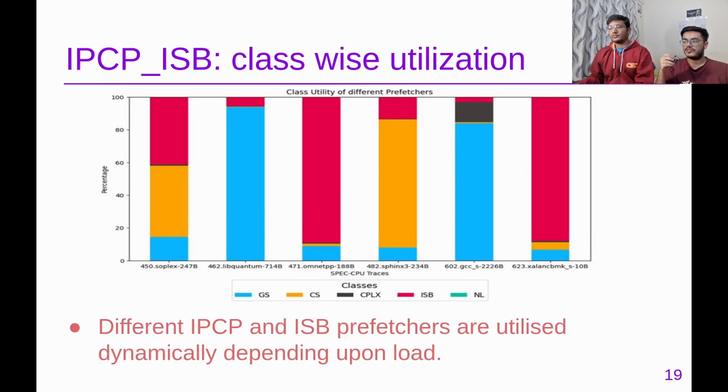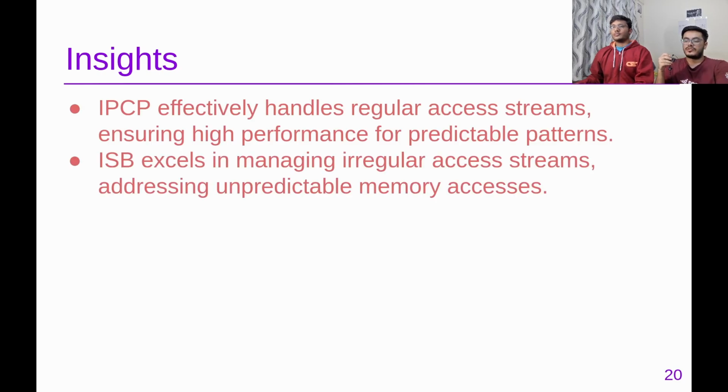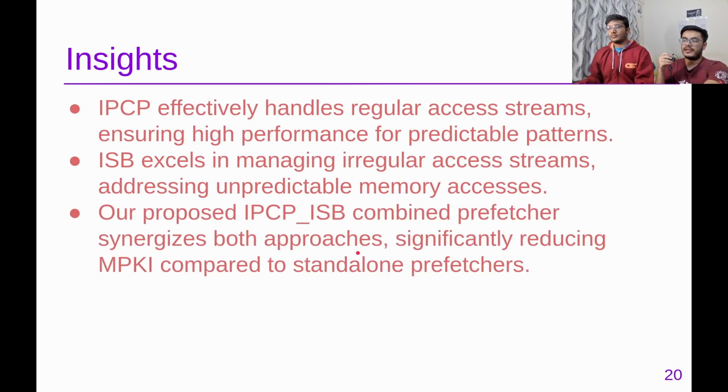This is shown from the class-wise utilization. The overall insight is this: our motivation was that IPCP already has a spatial part, but most traces have a mix of both spatial and temporal locality. So can we also cover the temporal locality part?